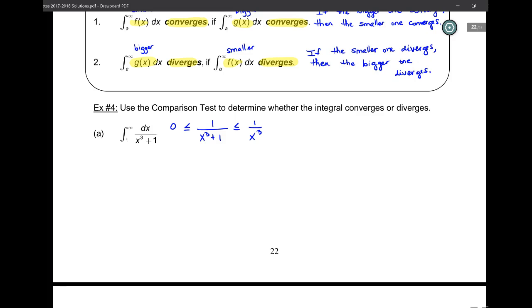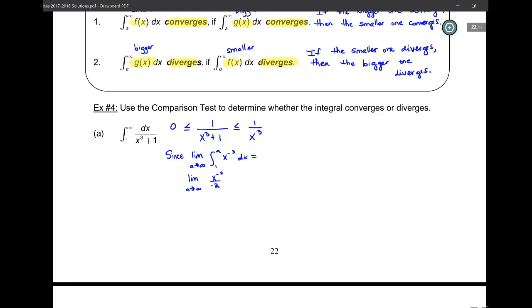And since we know, if we were to do the limit as a approaches infinity of the integral from 1 to a of x to the negative 3 dx, I'm just looking at the larger one. So that's going to become x to the negative 2 over negative 2.